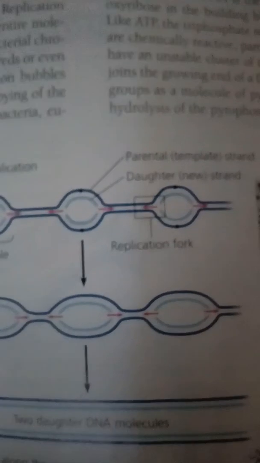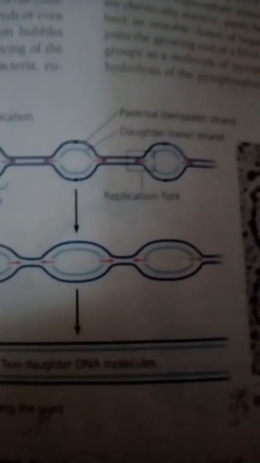The only difference between the ATP of energy metabolism and the nucleoside triphosphate that supplies adenine to DNA is the sugar component, which is deoxyribose in the building block of DNA, but ribose in ATP.